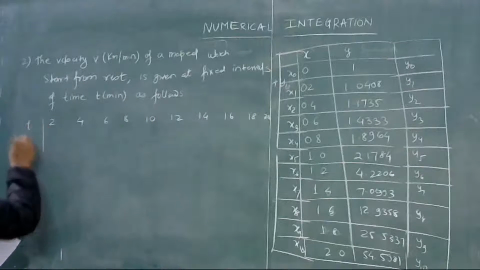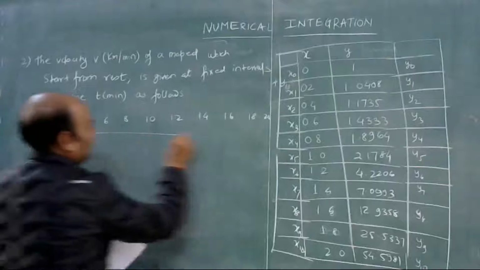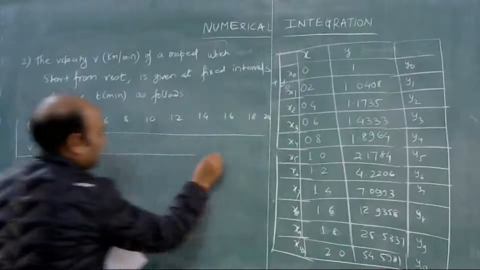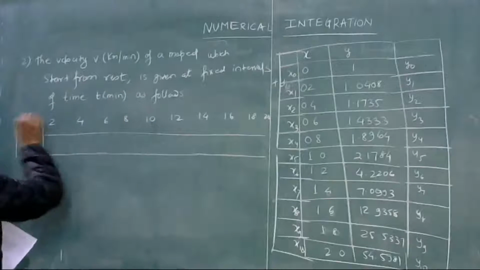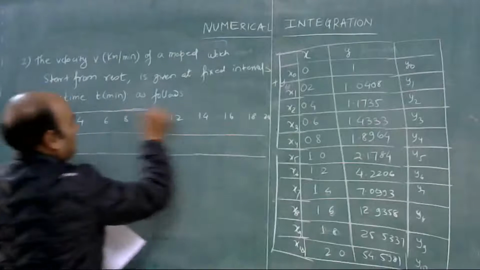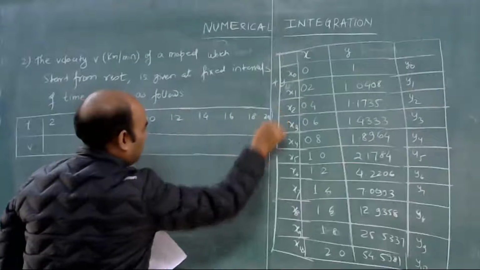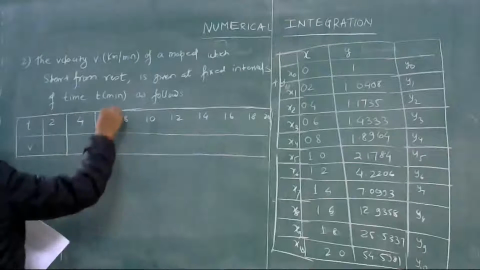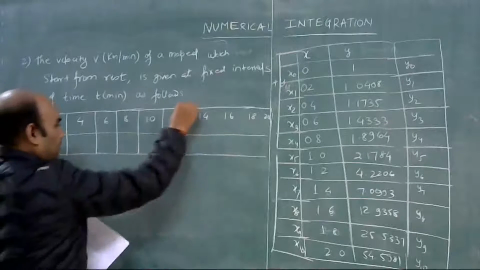So the moped is moving from rest and up to 20 minutes. So corresponding values of velocity are given.